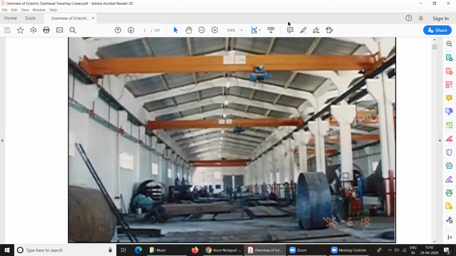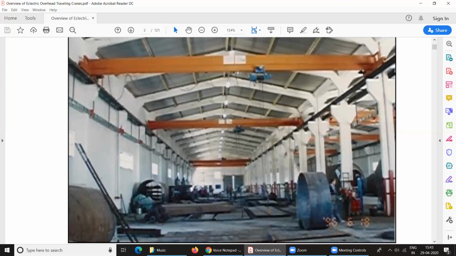Number one is the wagon mounted crane. Number two is the crawler crane. Number three, railway or locomotive crane. Number four, floating crane.